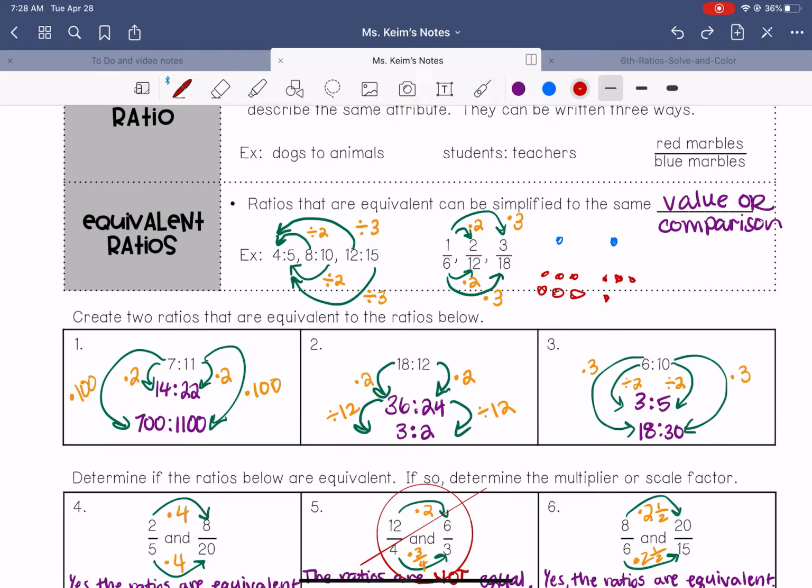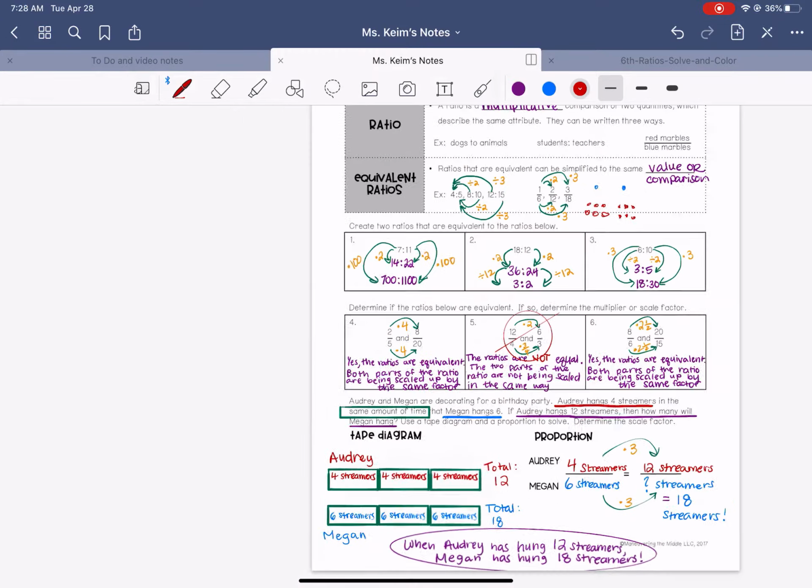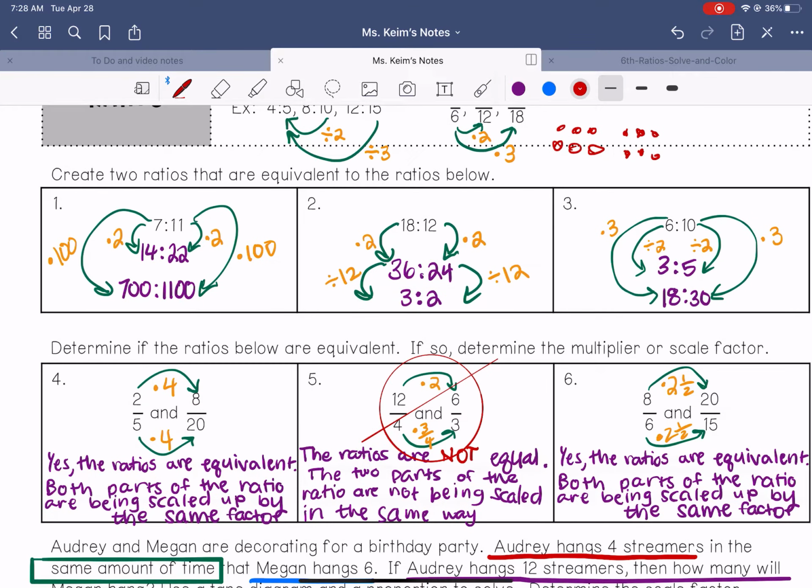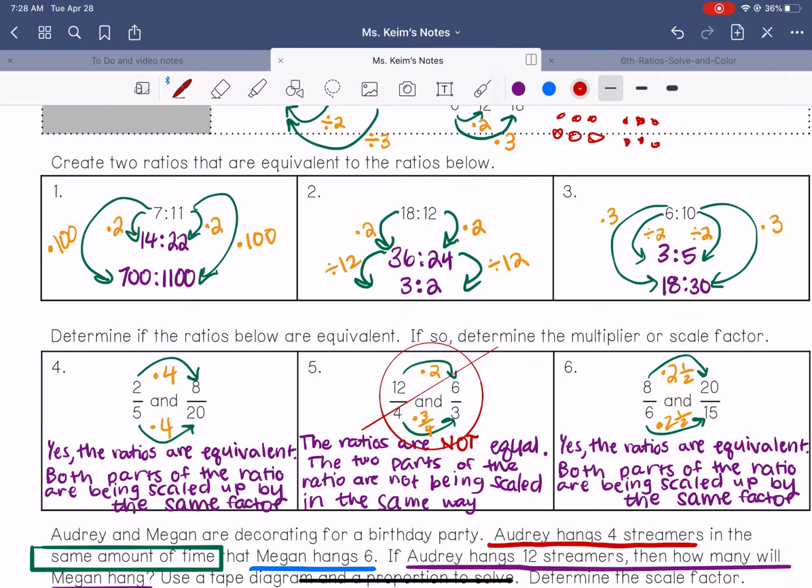Okay, so let's look at some examples. It says create 2 ratios that are equivalent to the ratios below. So if I take 7 to 11 and I get 2 groups of each side of this ratio, now I have 2 groups of 7, which is 14, and 2 groups of 11, which is 22.